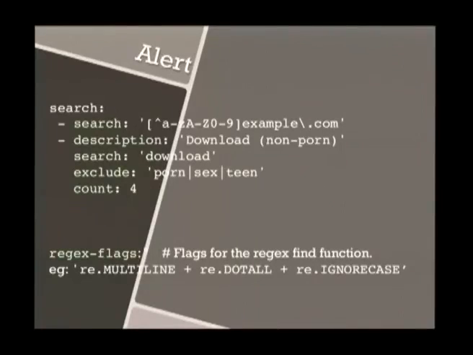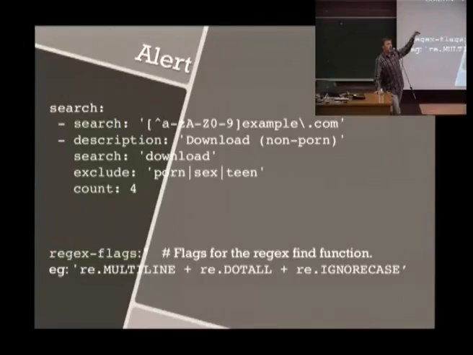For example, here I search for example.com, but everything before it should not be a normal letter. That means the main domain and the subdomains are included, but not helloexample.com. You can also put a description, which is more user-friendly in emails and in logging.